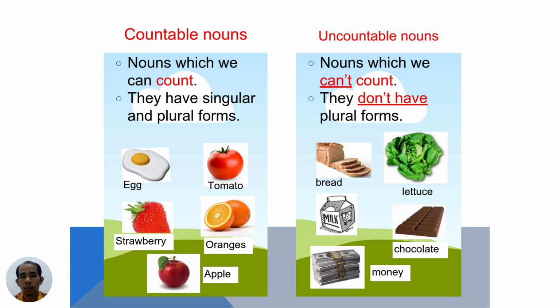Countable noun means a noun which we can count. We can count with our fingers. Countable nouns have singular and plural forms. Example, egg: an egg means one egg, so the plural is eggs.